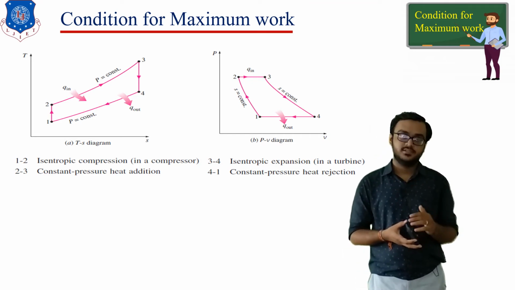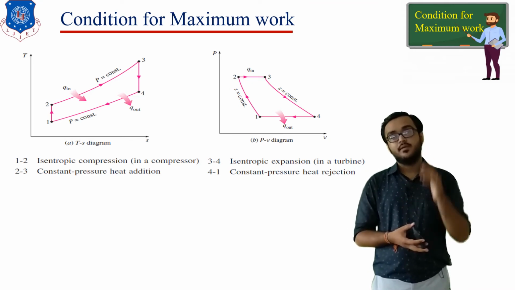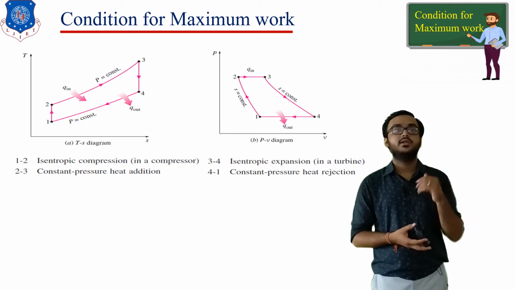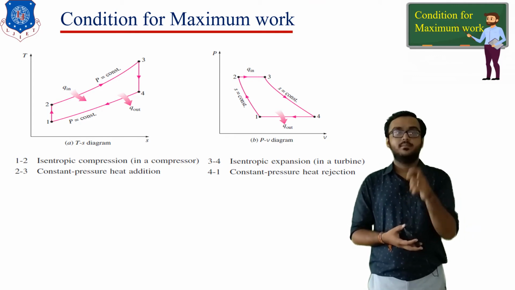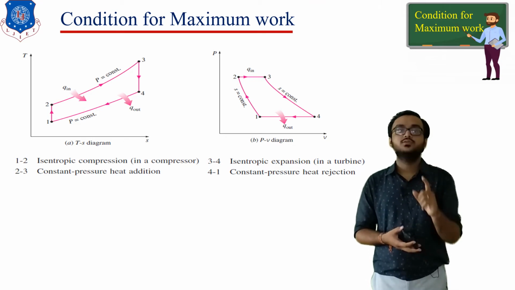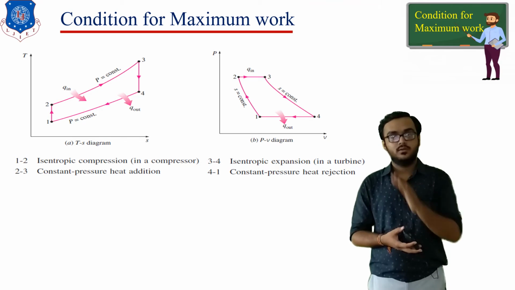During expansion, pressure drops while volume increases, and temperature is again reduced. So we plot one curved path 3 to 4 on the PV diagram like this, which shows the pressure reduction and the increase in volume.